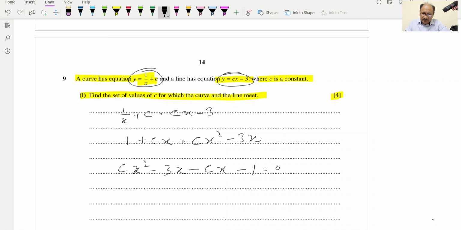So we can take x common from these two terms, so our quadratic equation will be cx squared minus (3 plus c)x minus 1 is equal to 0.